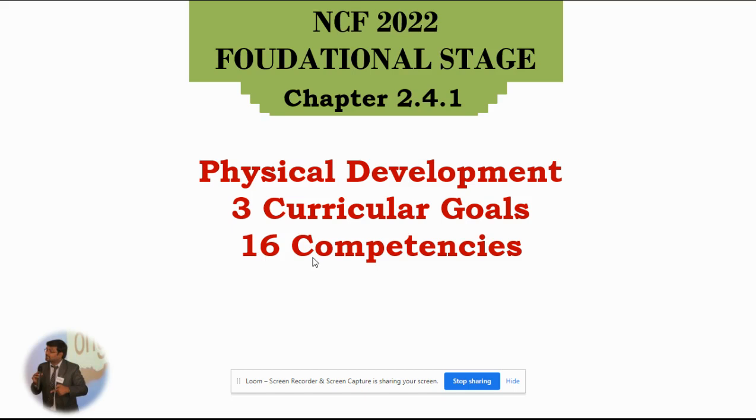Under this developmental domain, there are three curricular goals, and for every curricular goal, there are some competencies which have been mapped. The total number of competencies mapped under the physical developmental domain is 16.